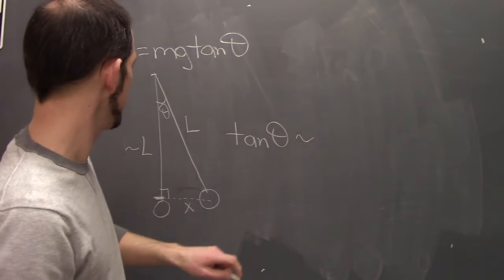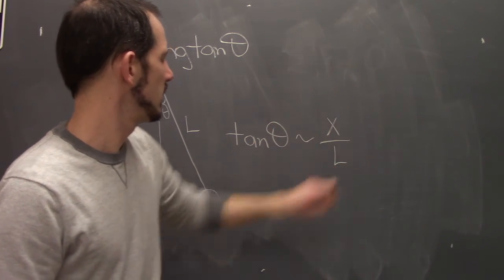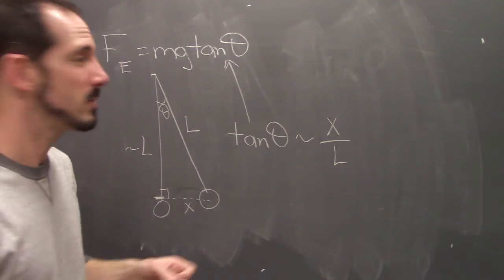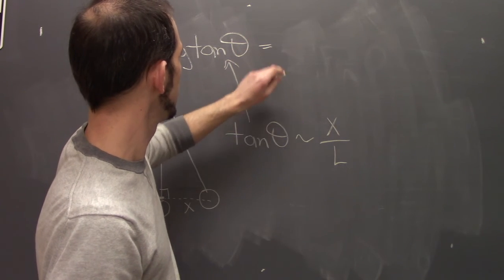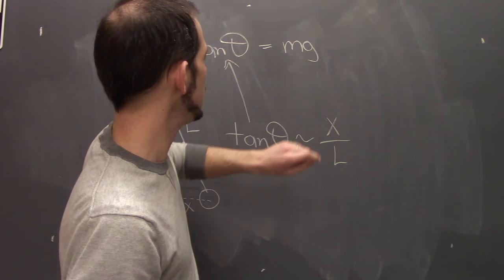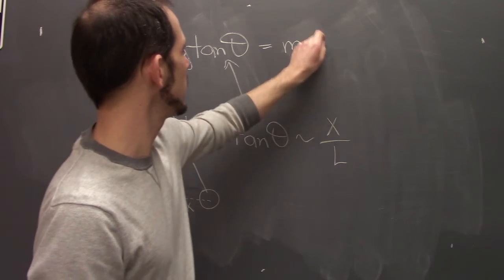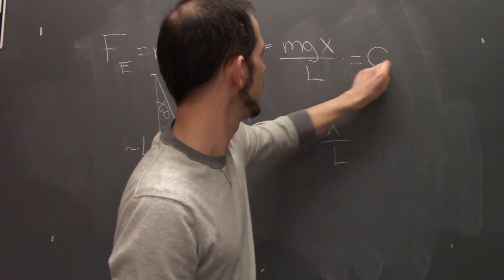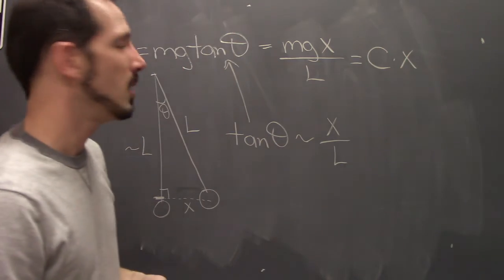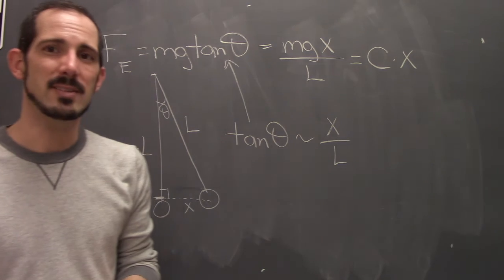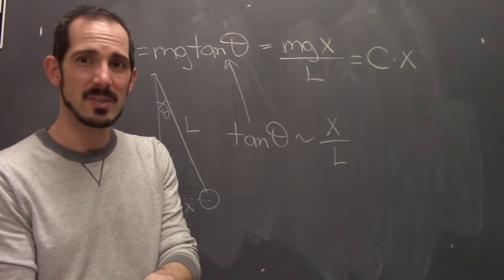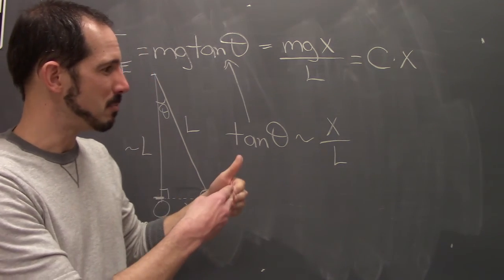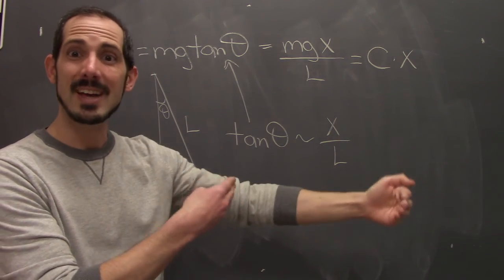It's approximately x over L. And now we can put that up here, and that lets us say that the electric force is equal to mg times x over L. Or, basically, it's some constant times x, which is the assumption that we want to make in this lab, that we want to say that the electric force is proportional to the distance that that hanging ball moves over, because that's really easy to measure.